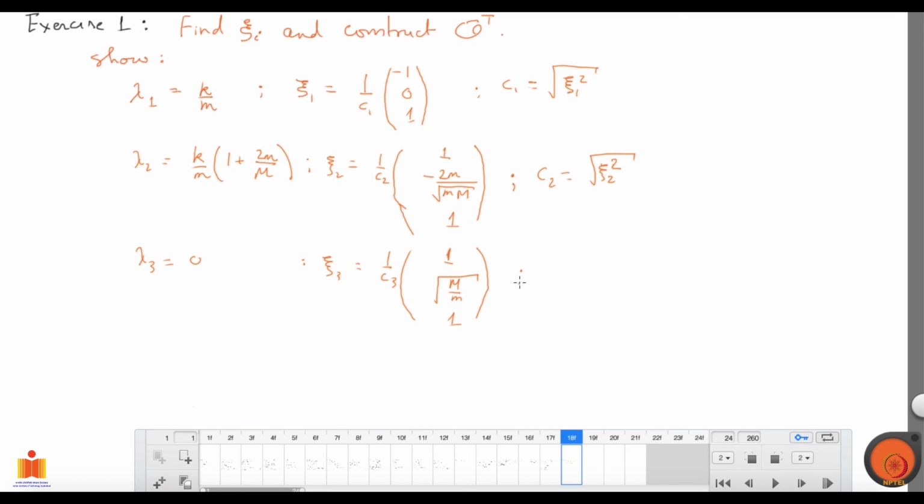Okay, and as before, C3 is xi 3 square under root.